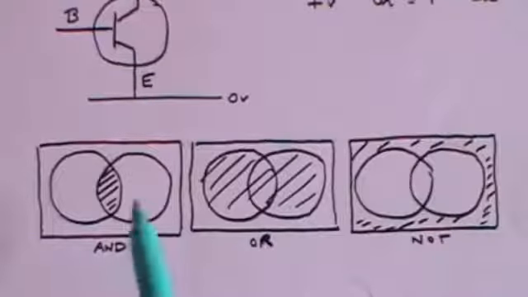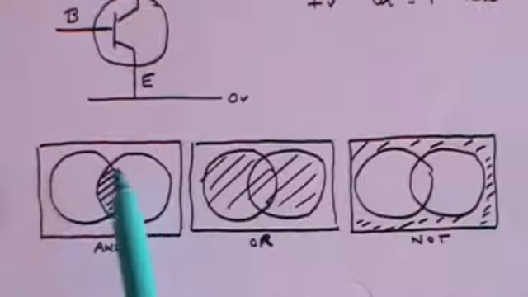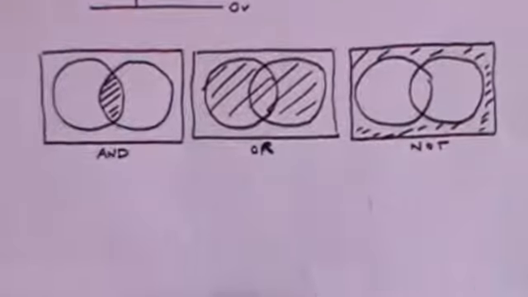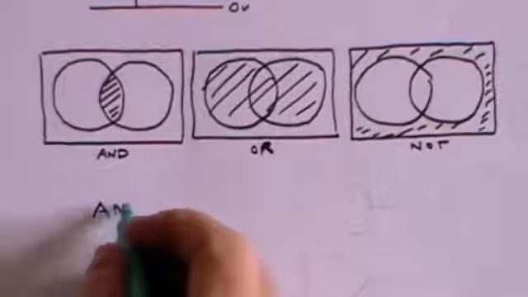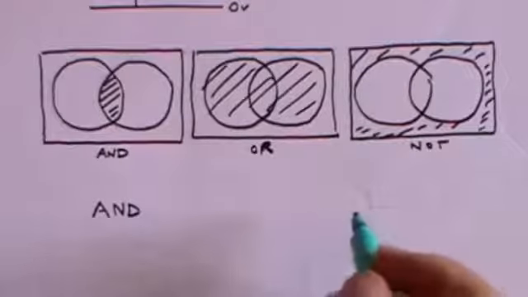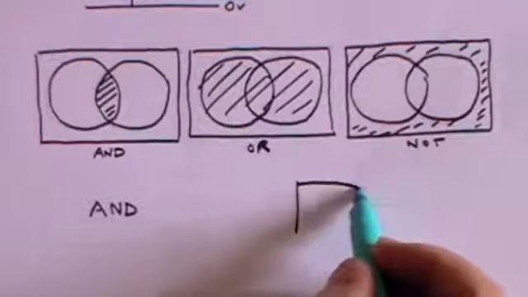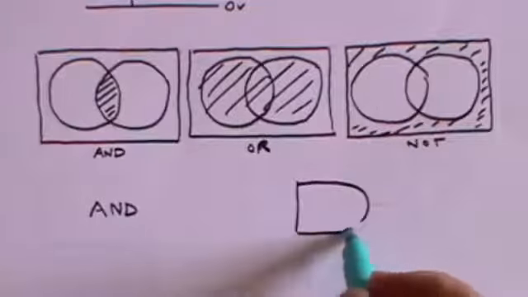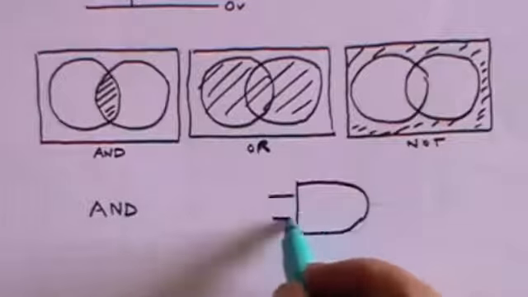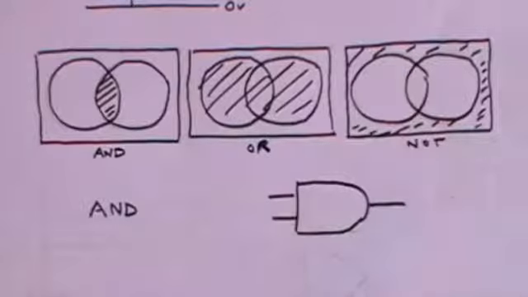The first gives effect to the AND logic. It's actually called the AND gate. Its diagrammatic form is something like this. It has 2 inputs and 1 output. And that's called the AND gate.